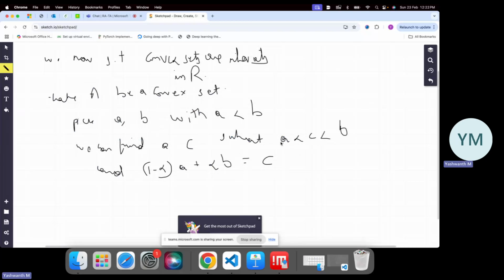So this shows that the interval formed between a and b is a convex set.